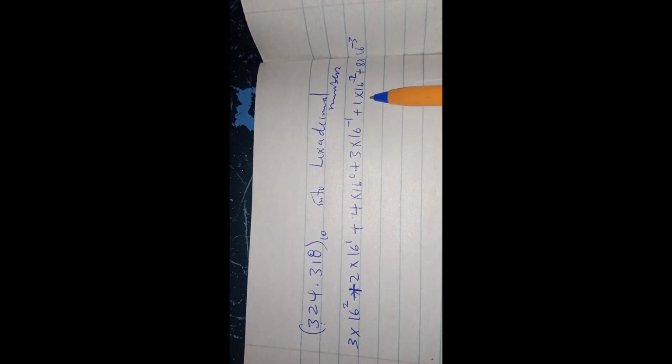So on adding this, for the final answer, 16 squared is 256 times 3, you add it to 2 times 16 plus 4 times 16 power 0 plus this. What you will get will be the hexadecimal number that is required of you.